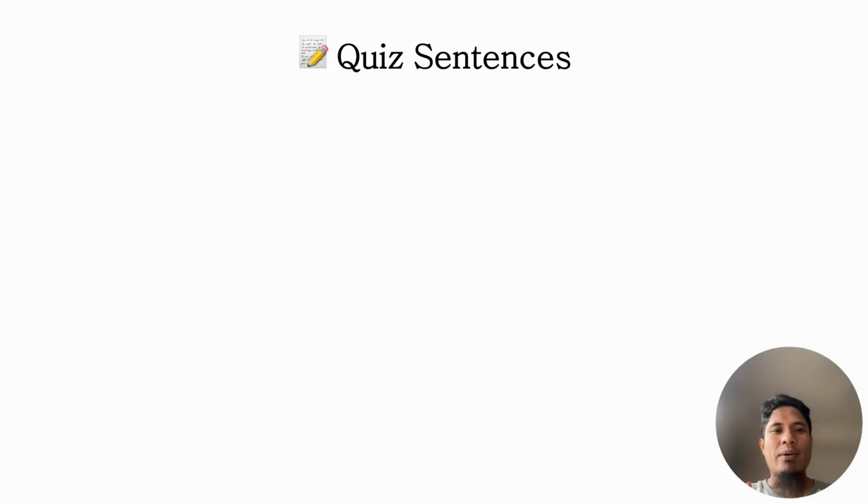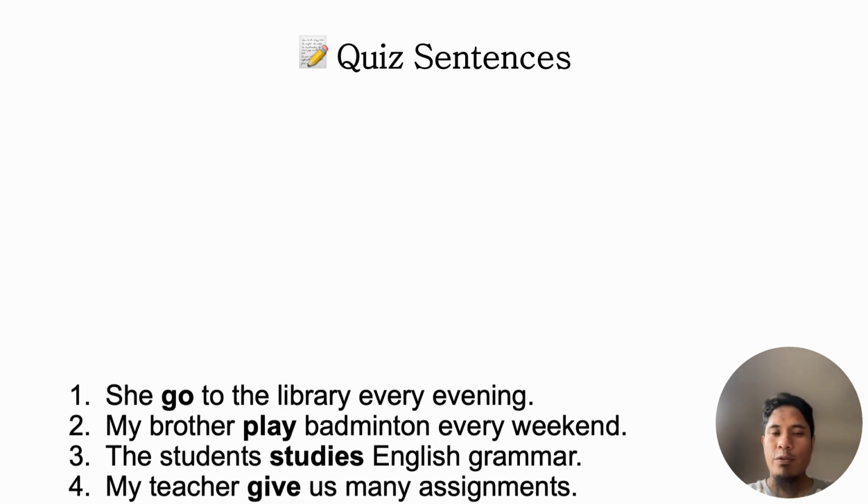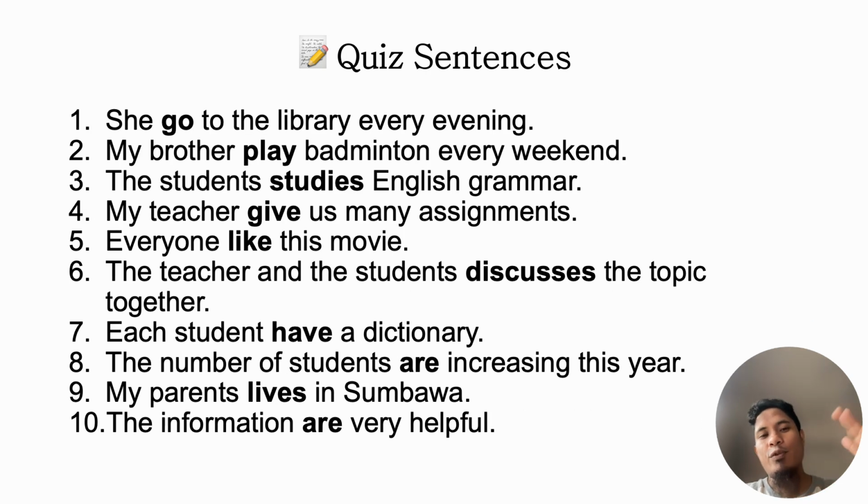All right, now let's test your understanding. On this slide, you will see not 15 sentences. Before, I made 15 sentences, but now I have changed it to only 10 sentences, to make it easier for you to identify. Each sentence contains a subject-verb agreement error.